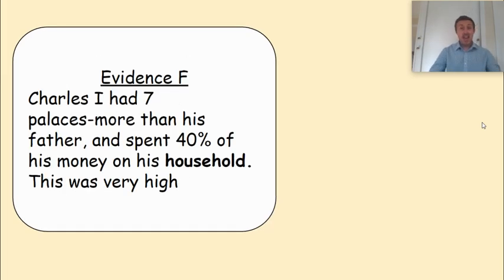Okay, evidence F. Charles I had 7 palaces, more than his father, and spent 40% of his money on his household. This was very high. Once again, put the letter F. Is he unlucky, or is this completely Charles's fault? You decide.